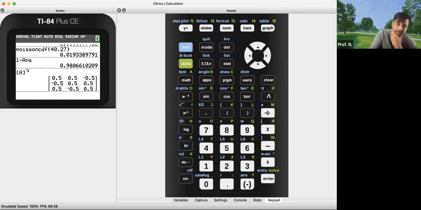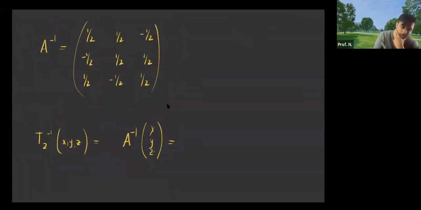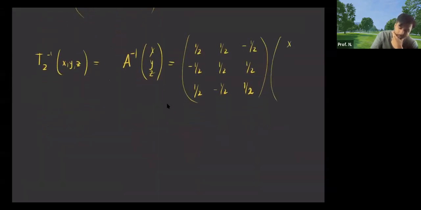So now that I have the inverse, I want to know what T2 inverse looks like when I plug in x, y, z. Well, this is the same thing as A inverse times x, y, z. And it looks like 1/2, 1/2, negative 1/2, negative 1/2, 1/2, 1/2, 1/2, negative a half, 1/2, times the column vector x, y, z.